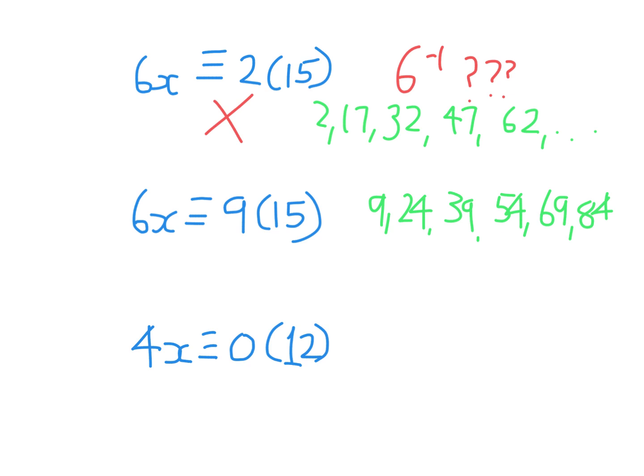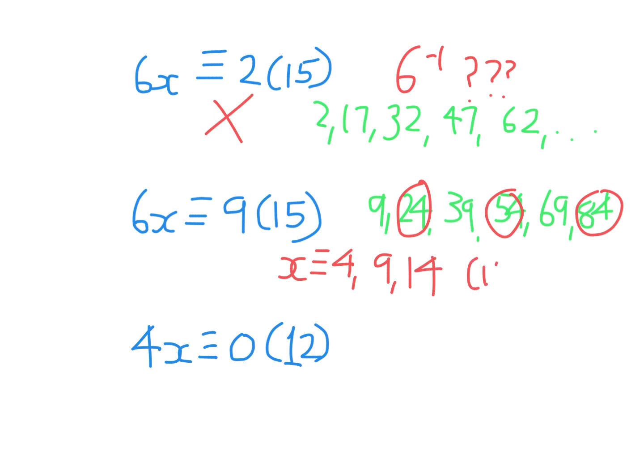So we do have here a few multiples of 6. So there are a few different solutions. x could be equivalent to 4, 9, or 14 modulo 15. 6 times 4 gives you 24, 6 times 9 is 54, 6 times 14 is 84.